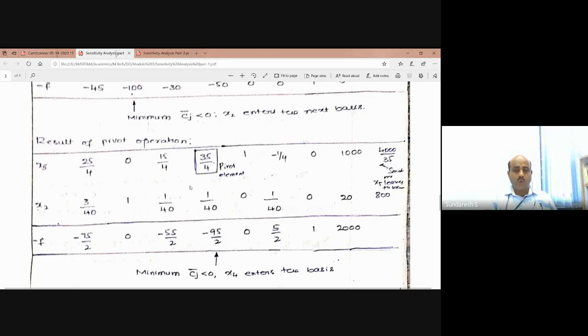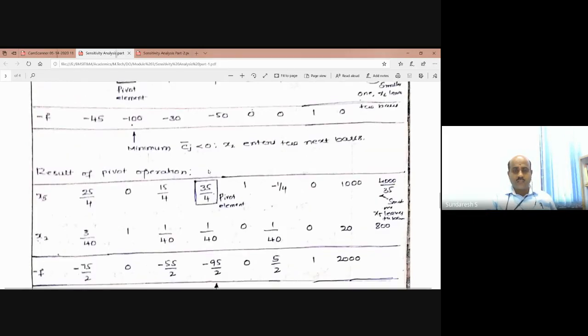Please observe: you select the negative value, the maximum negative or minimum value, which is minus 95 by 2 in this case. The column corresponding to this minus 95 by 2 is the pivot column. You can mark this pivot column here.